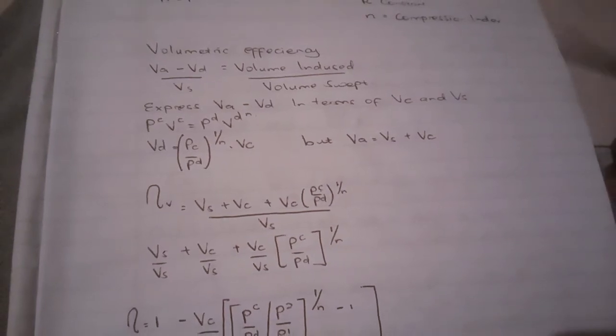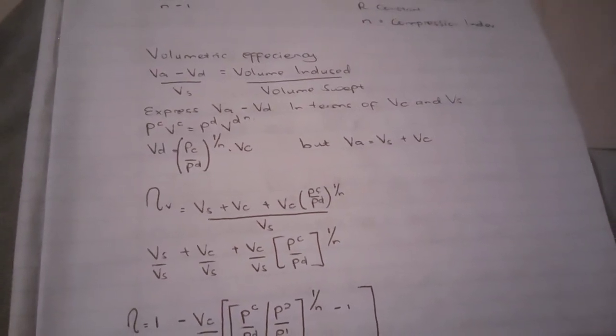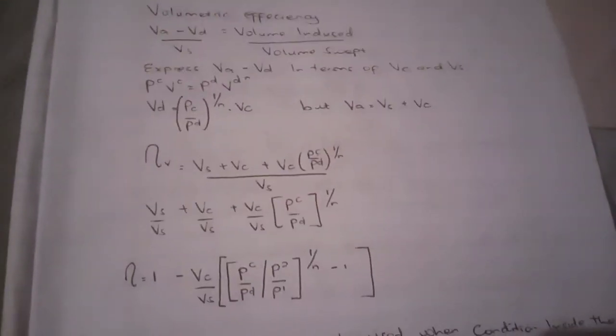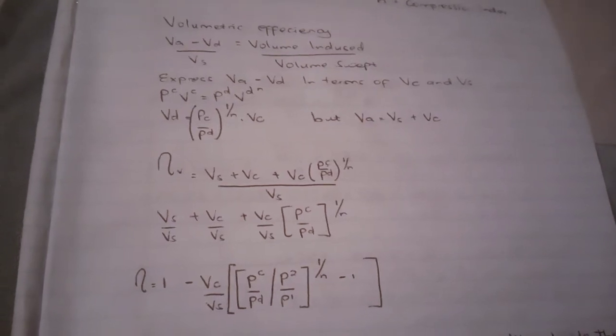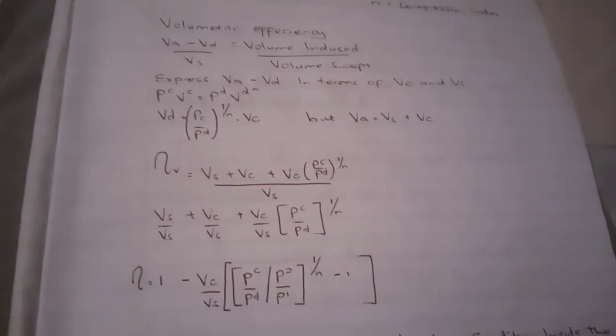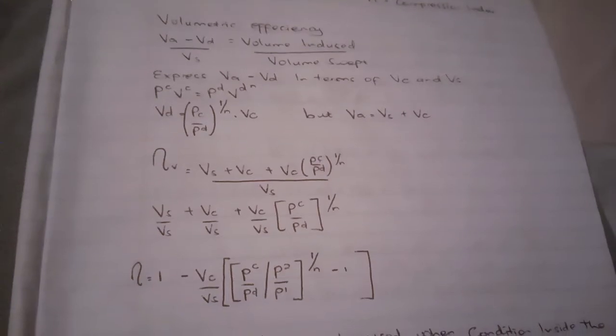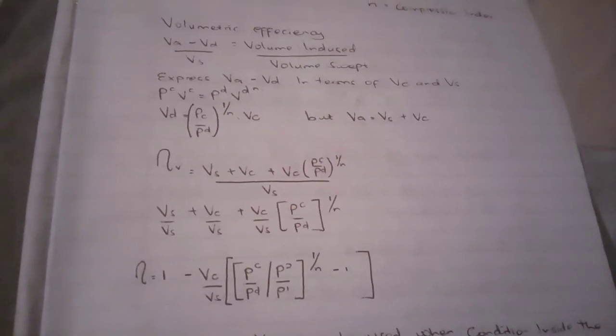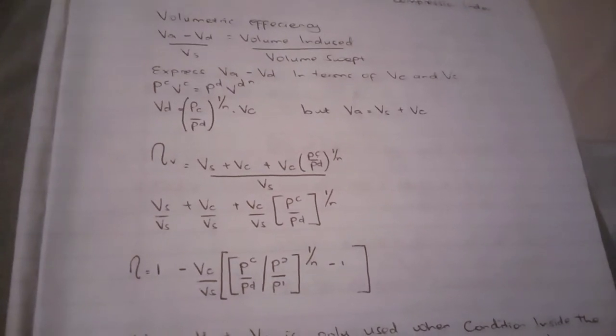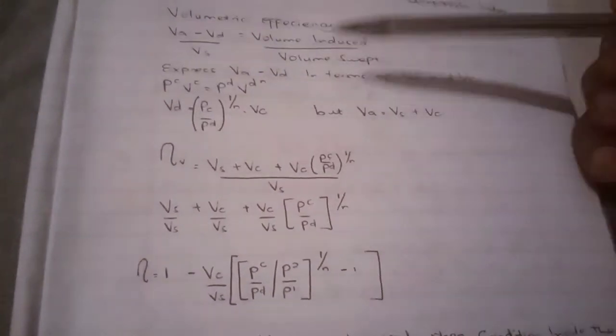Volumetric efficiency is given by VA minus VD, which is volume induced, over volume swept. We are supposed to express the terms VA minus VD in terms of VC and VS. That is PC VC to the power n equals PD VD to the power n.